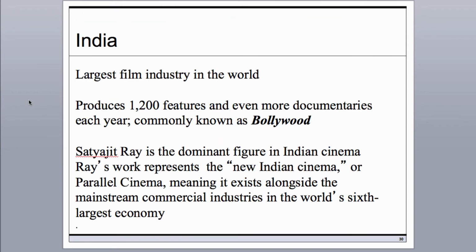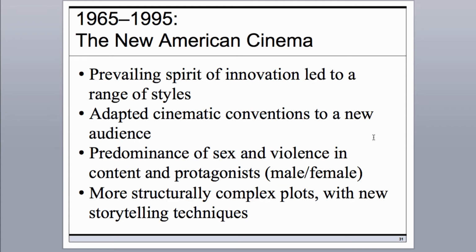But this is one to remember. The largest film industry in the world is in India, with 1,200 features per year, and even more documentaries than anyone else produces, which earned them the title of Bollywood. And from that, this new Indian cinema creates a different approach to making a film and making a profit from it. So India is very influential in the film industry.